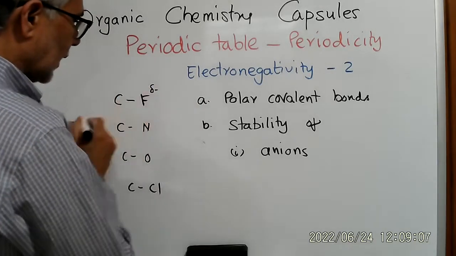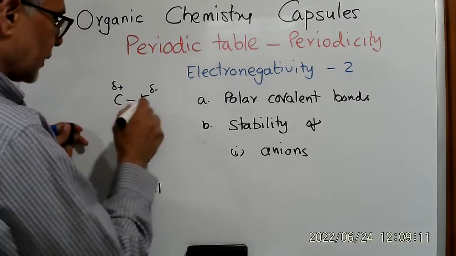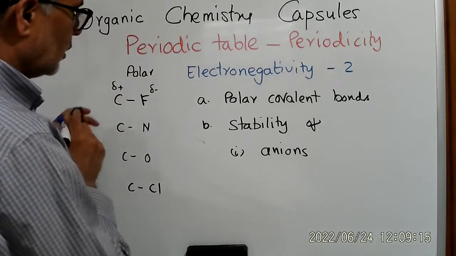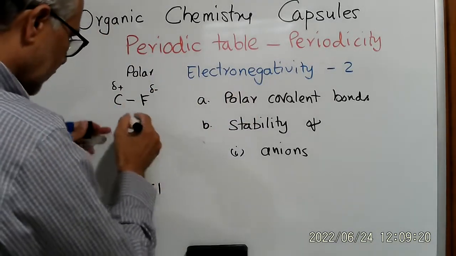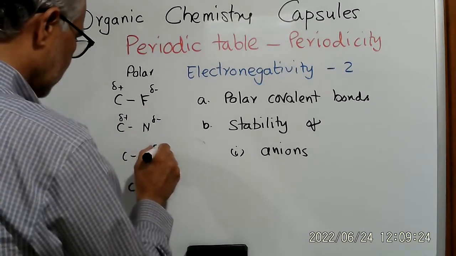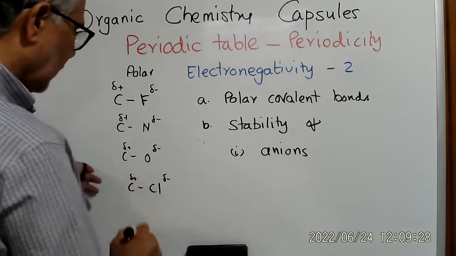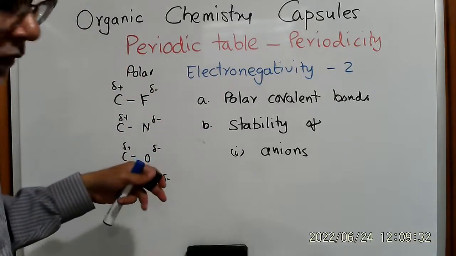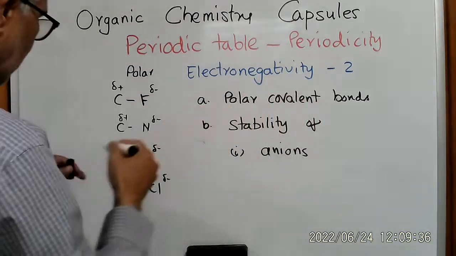So fluorine will have a partial negative charge, carbon will have a partial positive charge, resulting in a polar covalent bond. It is true with carbon nitrogen, carbon oxygen. So this is one result of electronegativity, polarity of bonds, polar covalent bonds.